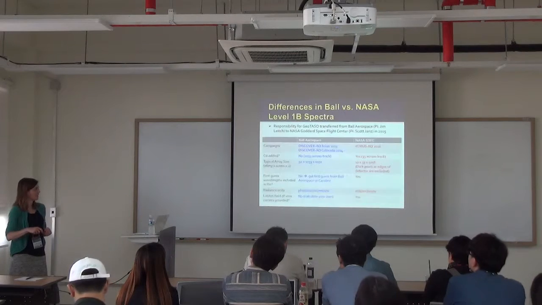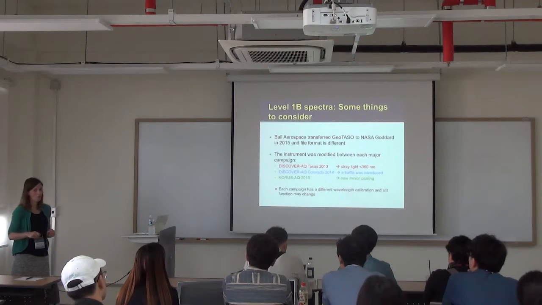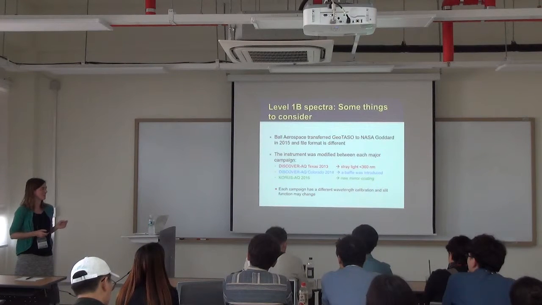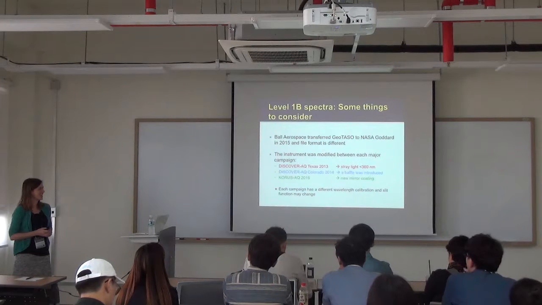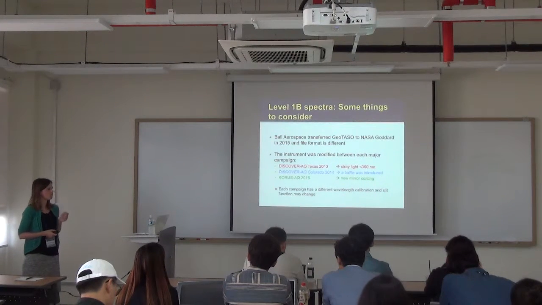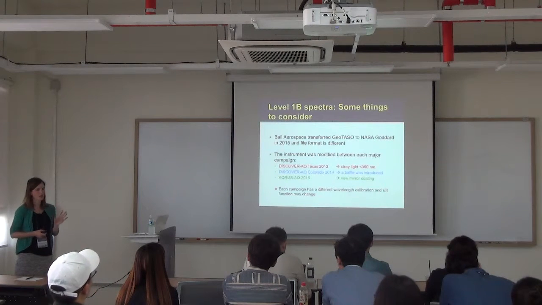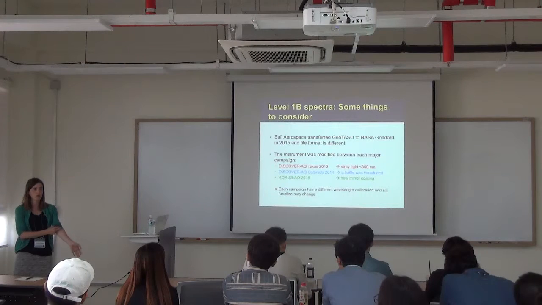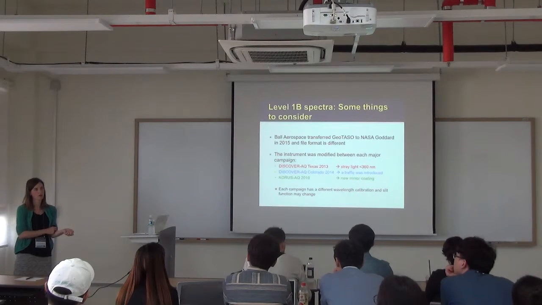Also, as Thomas in the back will attest, each campaign has a different wavelength calibration. So he got the wrong one. And the slit function could also change. I thought it didn't change that much for Colorado, but they're remeasuring it for KORUS-AQ to see how the new mirror coating or the new mirror affected the instrument.